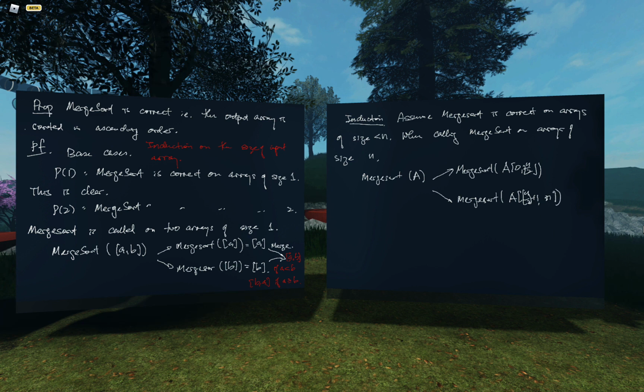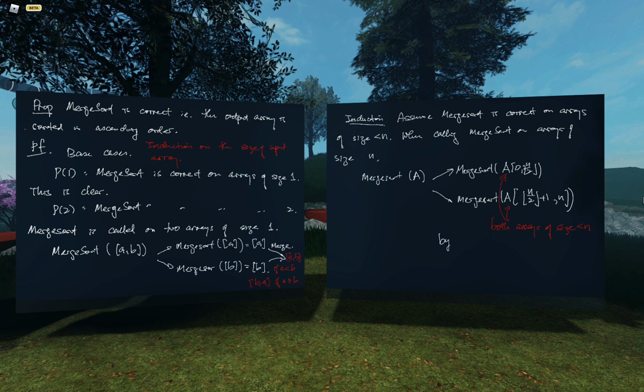Sorry, this is probably not readable. Let me do that again. A from n over 2 plus 1 to n. And the point is that these two things are both arrays of size less than n, right?